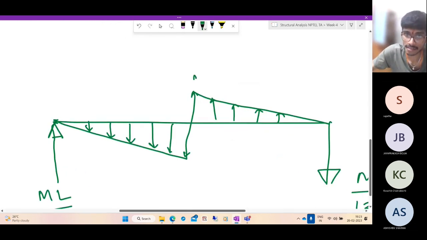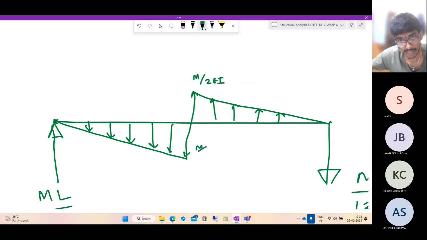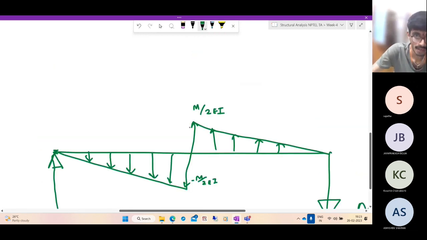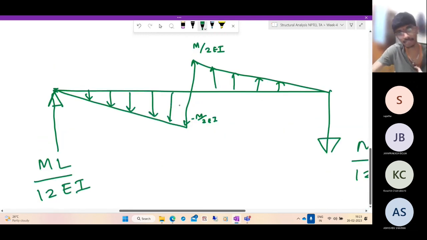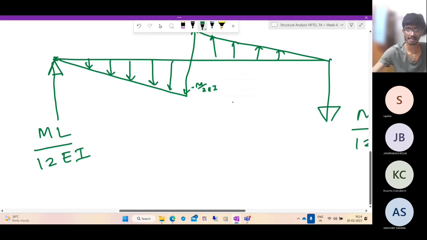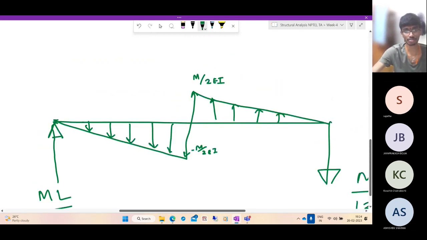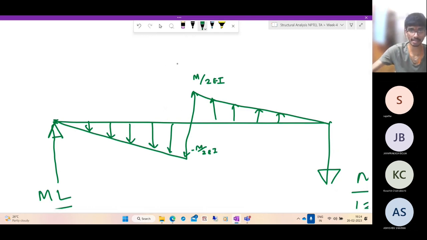And this is M by 2EI, minus M by 2EI. If you consider the conjugate beam, the loading is anti-symmetric. So this is a plane of symmetry.